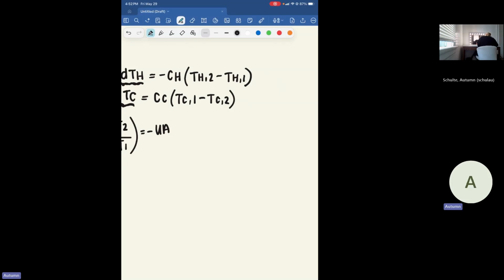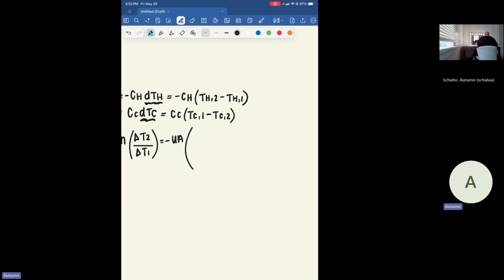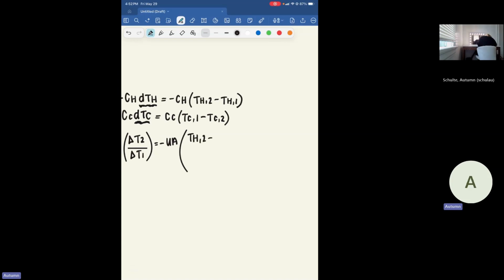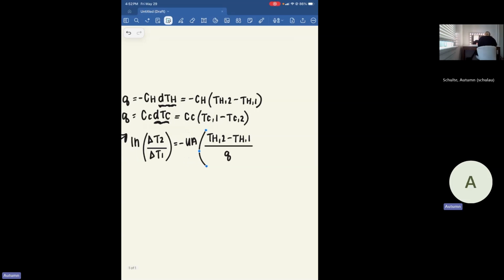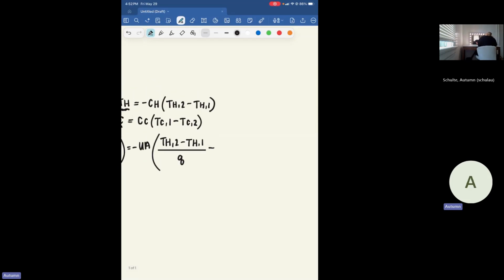So if we do that, this is going to be multiplied by our temperature of the hot stream leaving minus the temperature of the hot stream entering, or at position 1, divided by Q, minus our temperature of our cold stream at position 1 minus the temperature of our cold stream at position 2, divided by Q again.